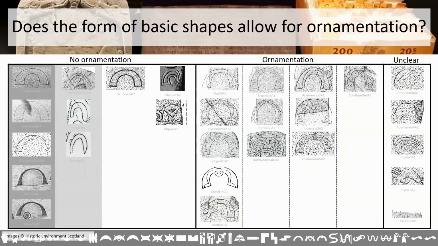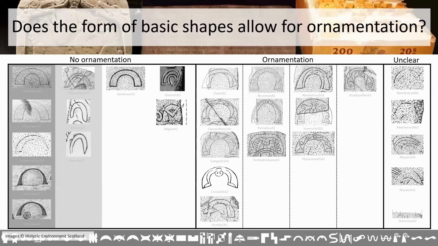Now, this has a real corollary in terms of how they appear in real life. So this is every instance in the corpus of what we call the horseshoe symbol, the horseshoe with a wee bulb, and the horseshoe with a V rod. What you can see at first glance is that on the right we have those graphs that exhibit ornamentation, and every example of the ornamented horseshoe has a different ornamentation.